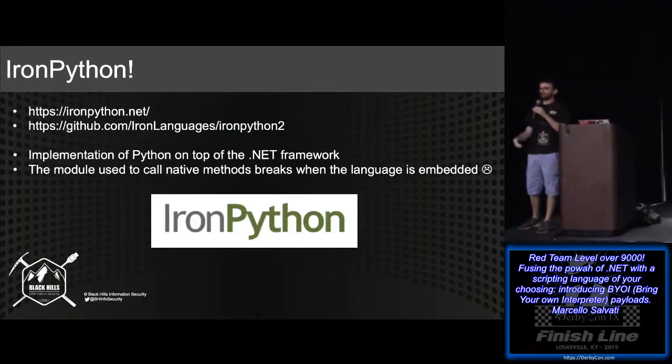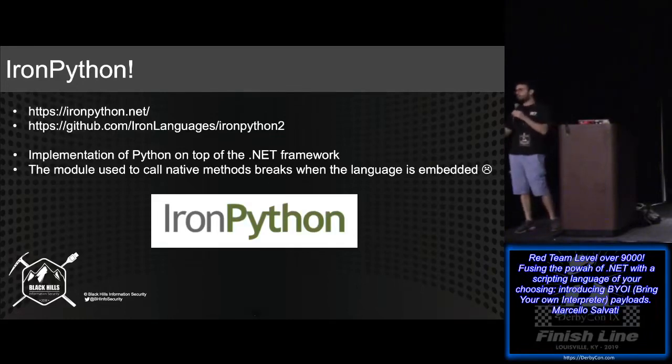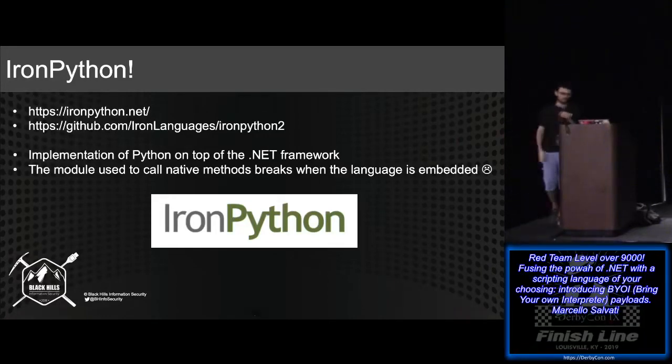From an attacker's perspective, this is awesome because it allows us to inject shellcode, and do all of this stuff that we do on almost every engagement, right? Inject Mimikatz in memory, all that kind of stuff. The problem with IronPython, though, is that it does support PInvoke, but when you try to do PInvoke in an embedded IronPython engine in memory, that module breaks. If you're running IronPython in memory and try to do PInvoke, it just throws up on you. It just decides not to work anymore.